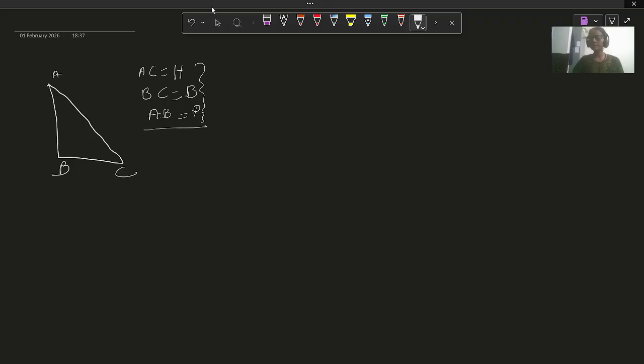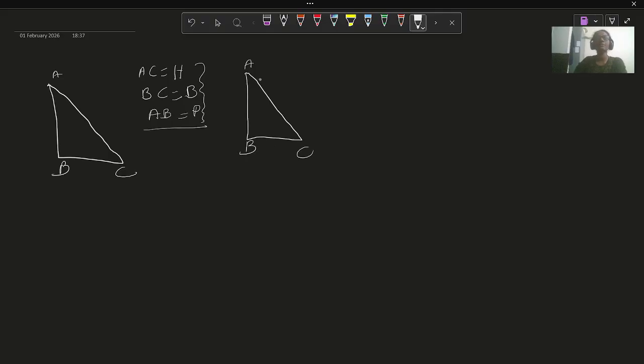For example, there are three conditions for the axis. Imagine case one: we are fixing our stick at AB, and this is your A, B, C, and AB is your perpendicular.